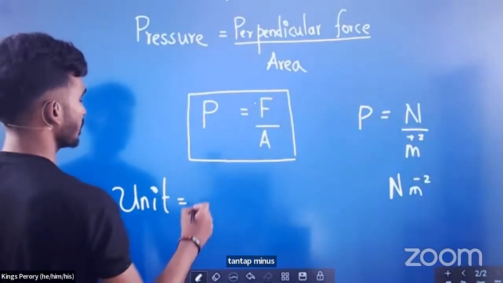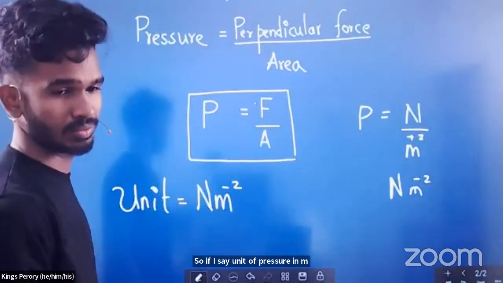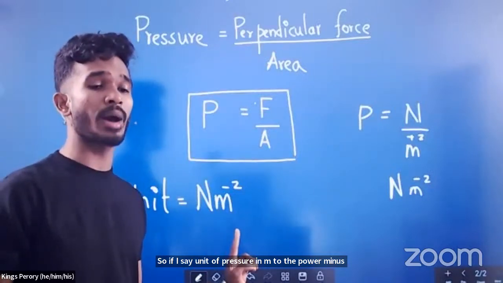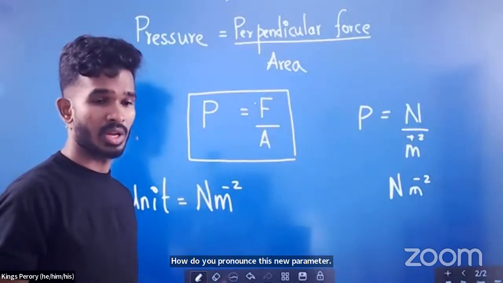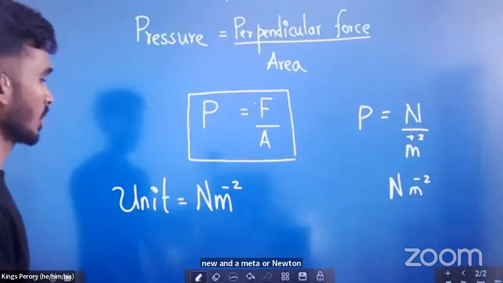So what's the unit of pressure? N m to the power minus 2. How do you pronounce this? Newton per square meter, or Newton per meter square.